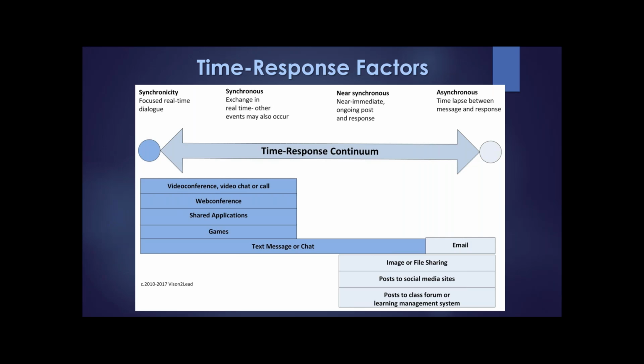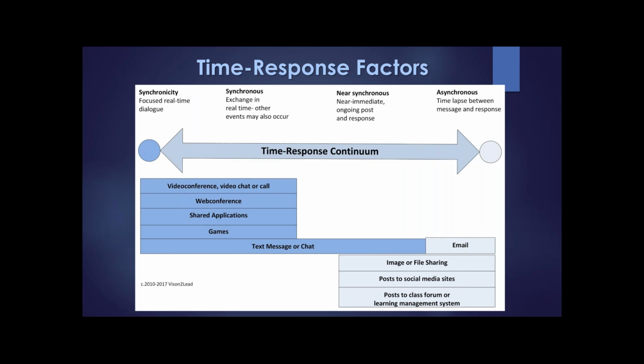We used to consider technologies as either synchronous or asynchronous. Either you're in real time talking with someone, or you're not. You're sending an email or posting something on a website, where you will get a response sometime, but maybe not right now.